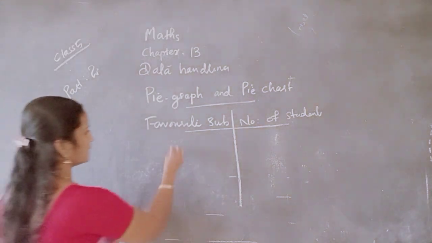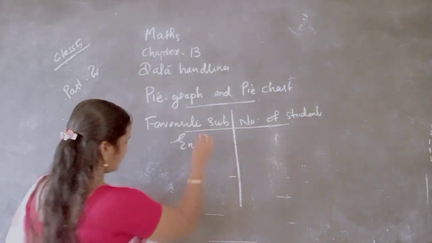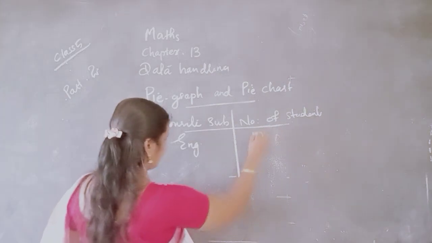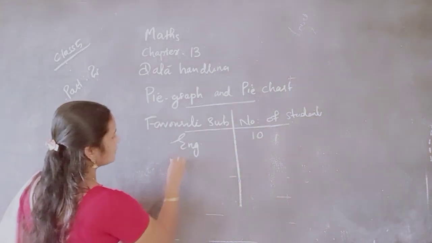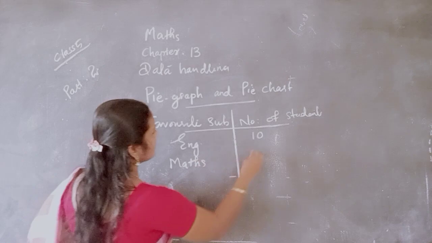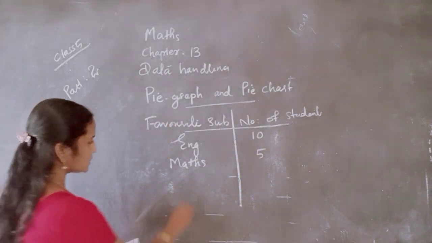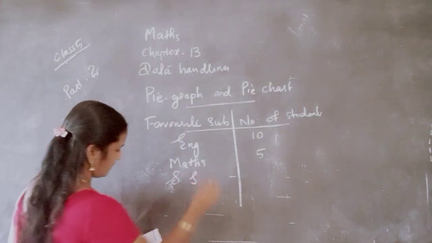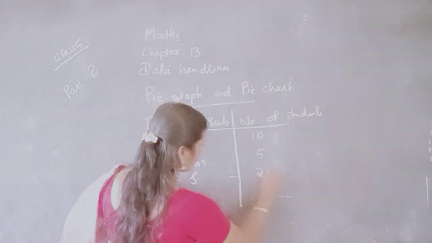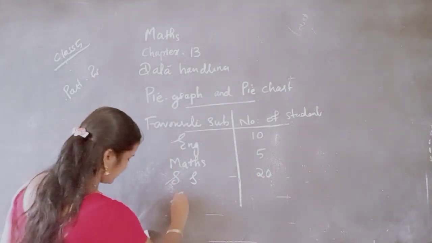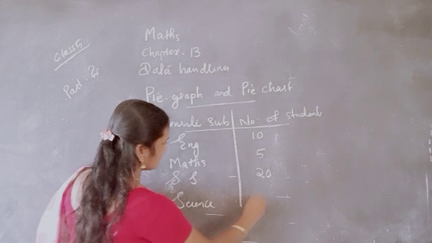Favorite subject English, number of students is 10. Then Maths, 5 students. Then Social Science, 20 students. And Science, 5 students.